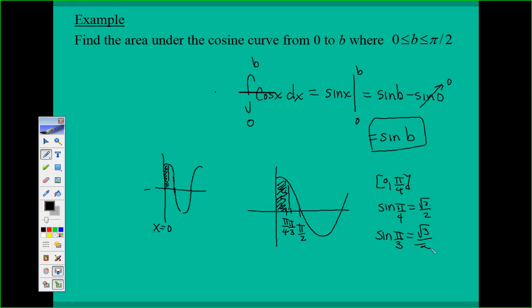So that allows us to be a little bit flexible with finding the area, and we define b has to be between 0 and pi by 2.